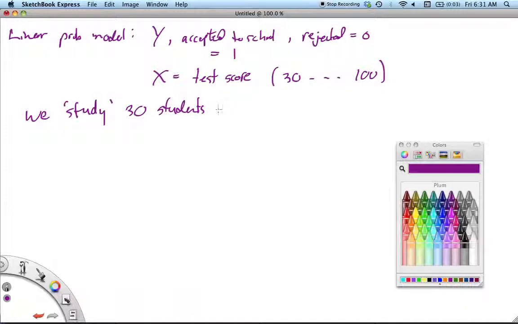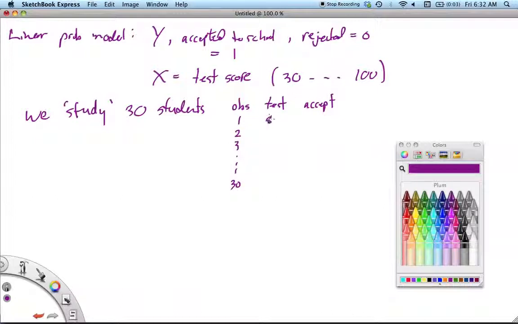So for each student, I'm going to call this the observation number, we could call this test score, and we could call this set. So our data will look something like this. 1, 2, 3, down to 30.